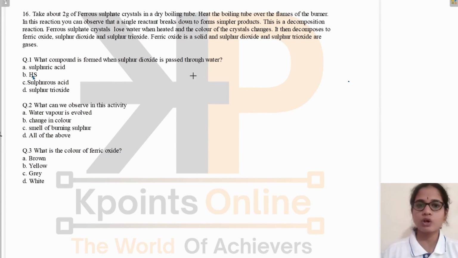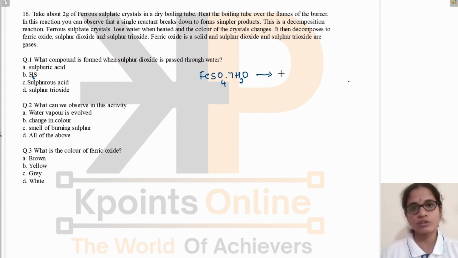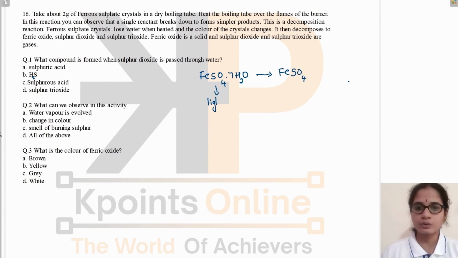Okay, first of all, what happens here? When ferrous sulfate crystals are heated, these are ferrous sulfate crystals. It has water of crystallization. When you start heating this, first it loses water of crystallization. Then also the color changes. Initially it is light green in color.